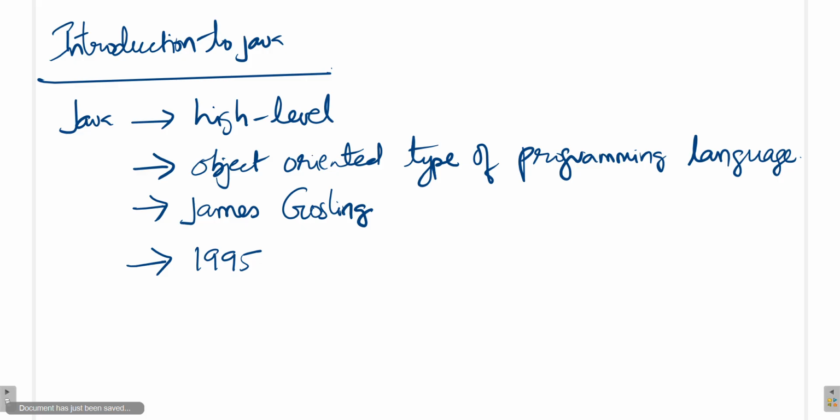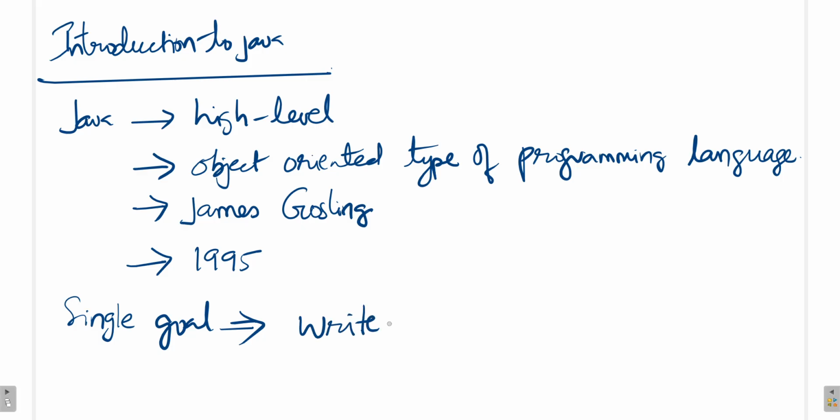Now, why is Java in the market today? Java was designed with a single goal, and that is called write once, run anywhere.